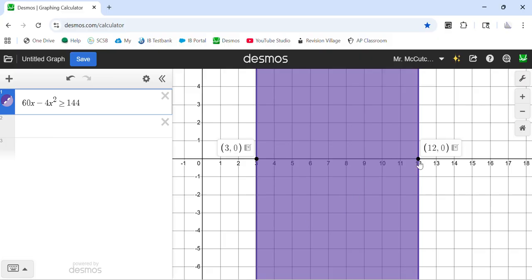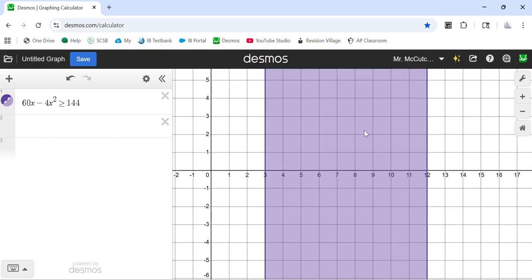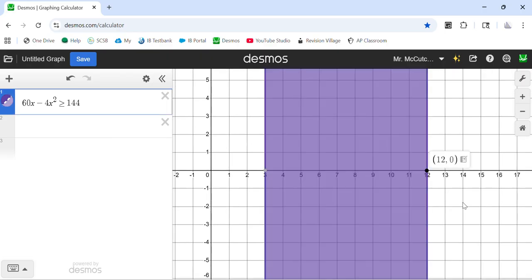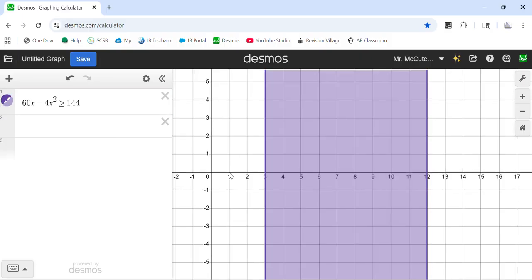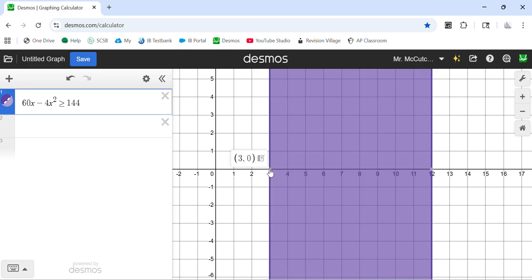To say x is less than or equal to 12 allows you to say x is negative 1 dozen cupcakes. That makes no sense at all. And another reason is that, according to that statement, 1 dozen cupcakes is good. But what we can see is 1 dozen cupcakes is not good. It must include the greater than or equal to 3.